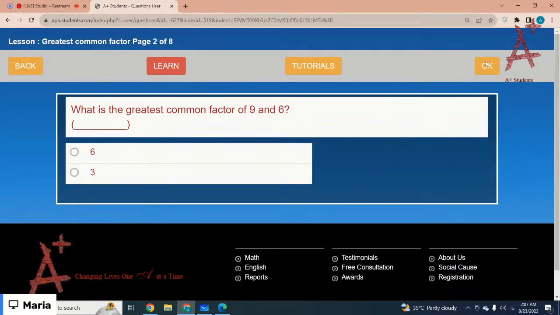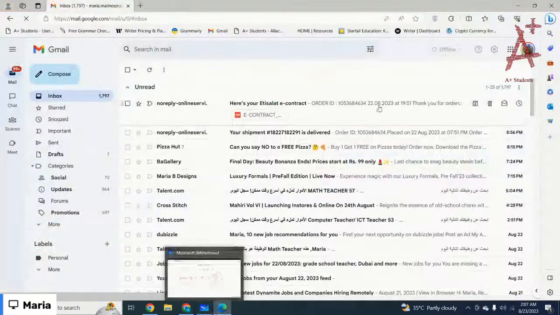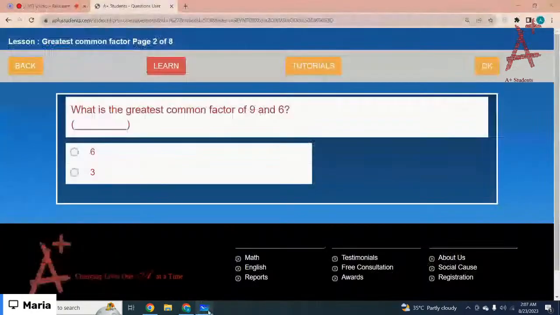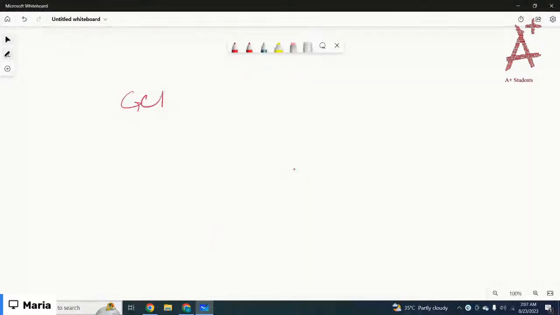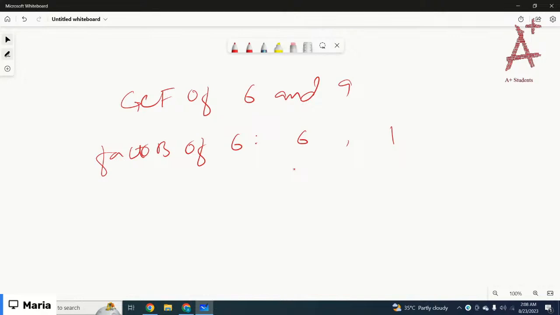Okay, what is the GCF of 6 and 9? Let's write down the factors of 6. So factors of 6 are: 6 times 1 is 6, and 2 times 3 makes 6, right?